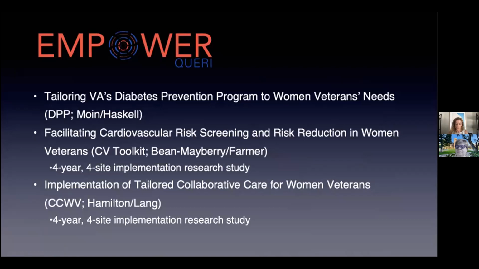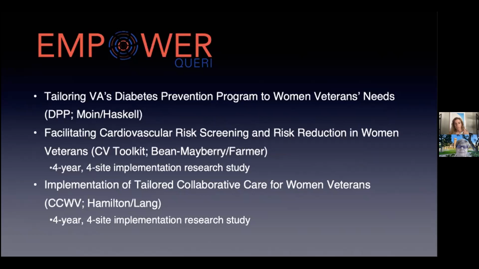That was a gender-tailored toolkit for screening for cardiovascular risk and supporting patient-provider conversations about mitigating that risk, led by Dr. Bevan Mayberry and Dr. Melissa Farmer. And then we had the implementation of tailored collaborative care for women veterans, led by Alison and Dr. Ariel Lang.